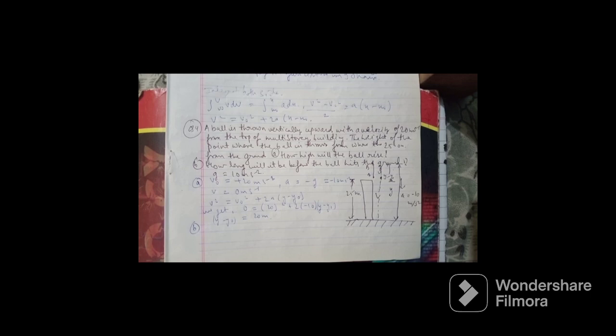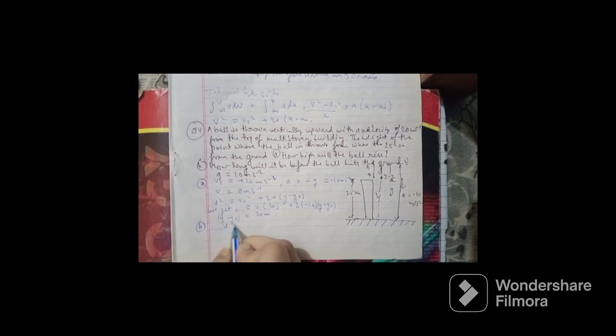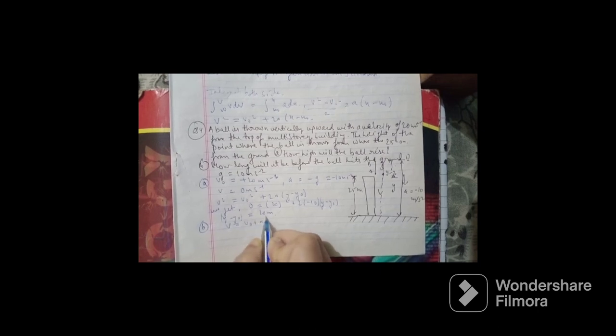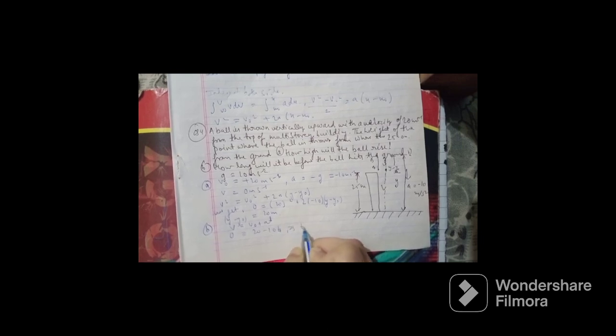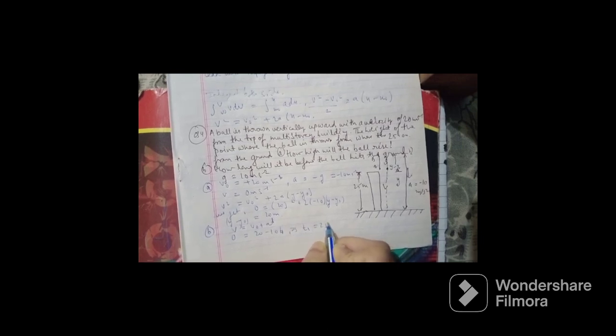Since the velocity at B is 0, we have v equals v naught plus at, which is 0 equals 20 minus 10 t1, where t1 equals 2 s.